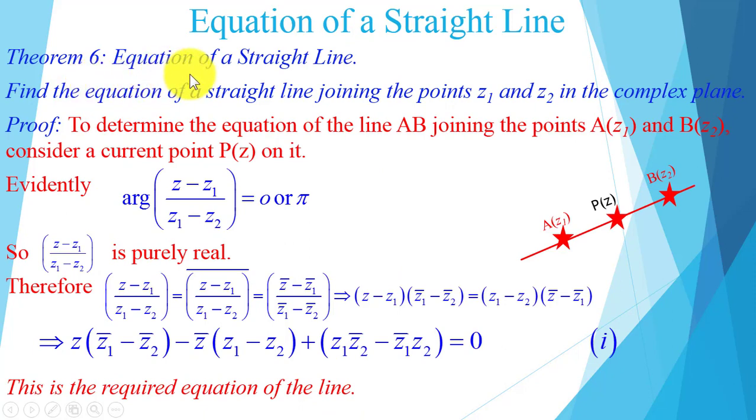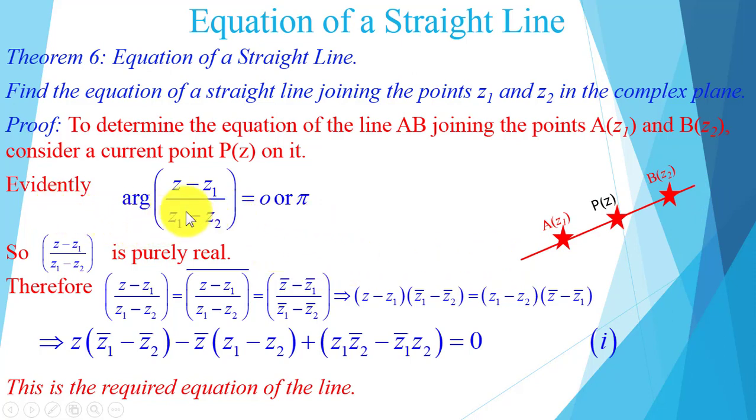Theorem 6. Equation of a straight line. Find the equation of a straight line joining the points z1 and z2 in the complex plane. To determine the equation of the line AB joining the points A(z1) and B(z2), consider a point P(z) on it, where P(z) is lying on this line segment.